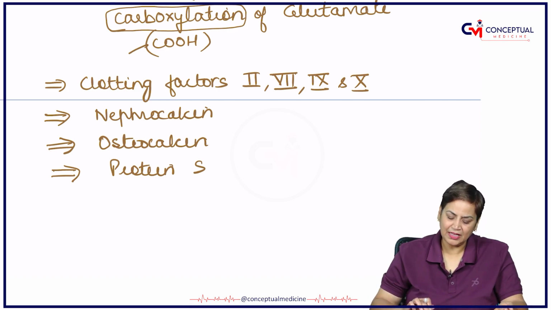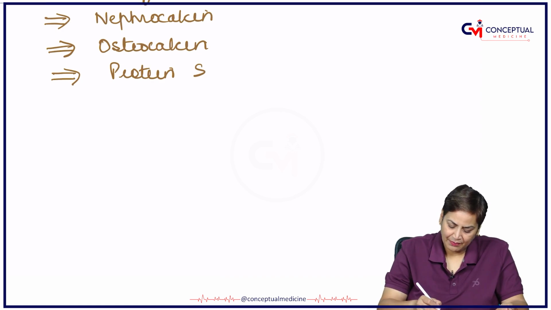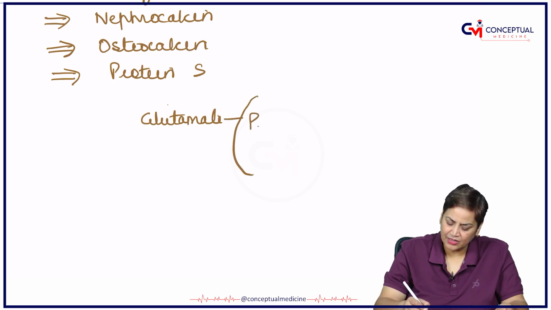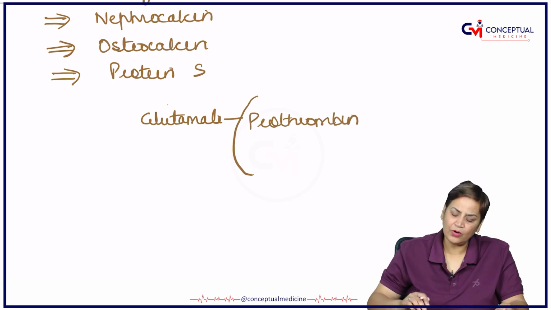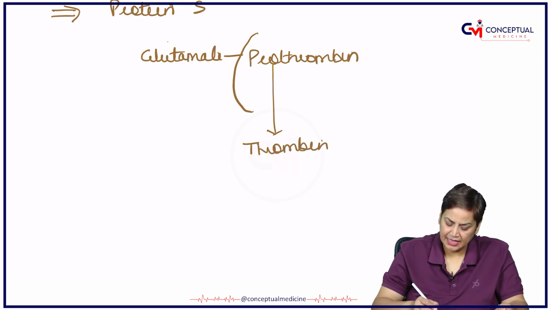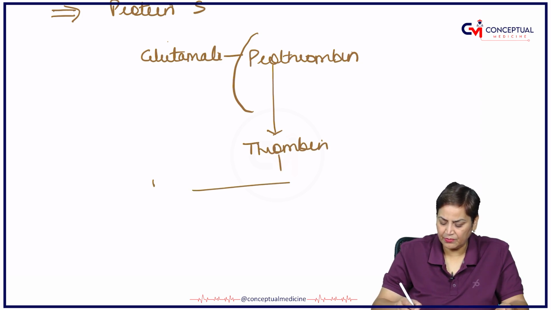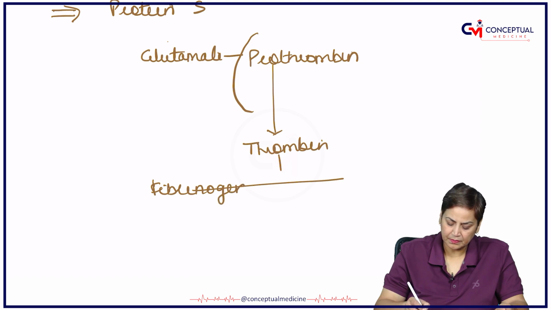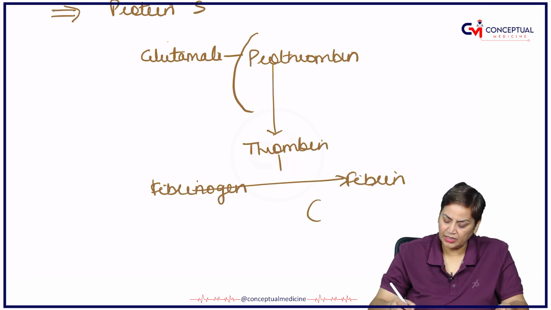So what is happening here is, say this is glutamate, which is present on the active site of prothrombin. This prothrombin is converted into thrombin, and then fibrinogen is converted into fibrin, and a clot is produced.